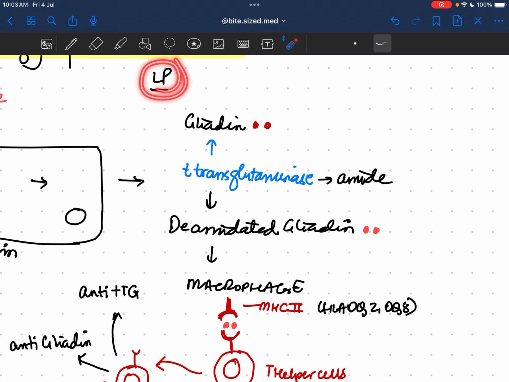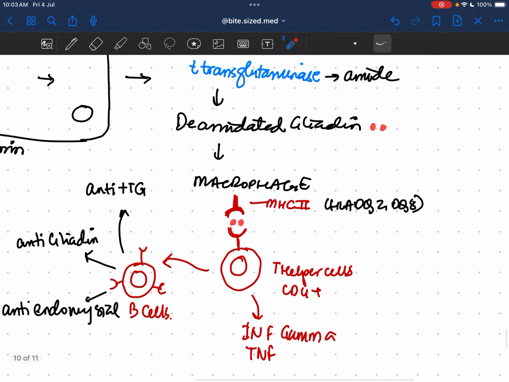So in the lamina propria, this gliadin is acted upon by an enzyme which is known as tissue transglutaminase, which removes an amide component from the gliadin. So this deaminated gliadin is now just present there, which is taken up by macrophage, and macrophage expresses it in its major histocompatibility 2 complex, MHC2 molecule.